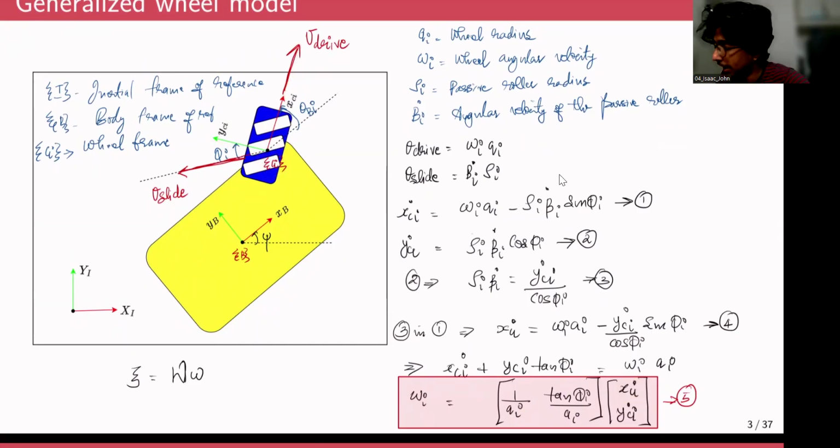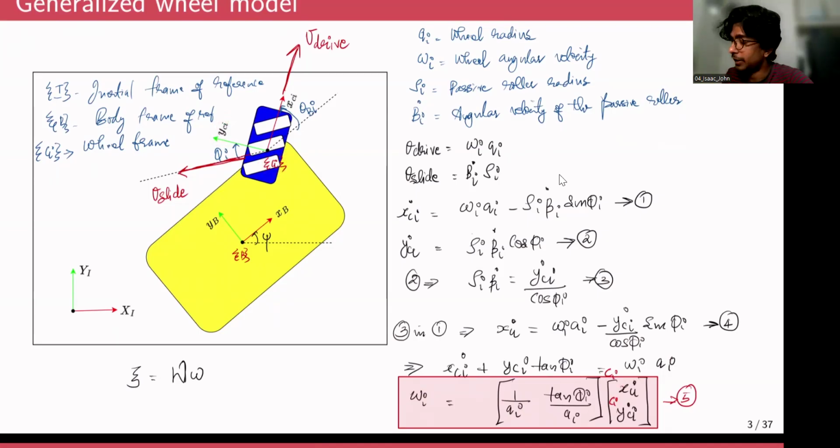To give more clarity, I'll add the superscript CI, to make it clear that these terms XCI dot and YCI dot are represented with respect to the CI frame of reference.